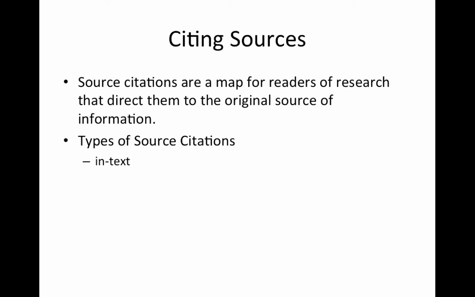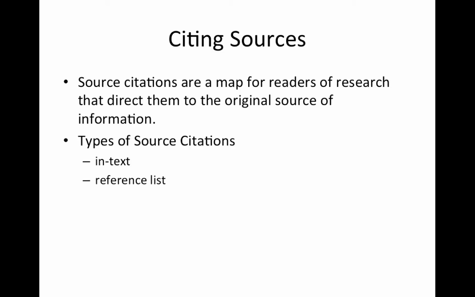In-text citations, these are the citations that are found in the writing per se. If you look in your textbook, you will find in-text citations on just about every page. From that information, you can go to the references listed at the back of the textbook and find the original source.